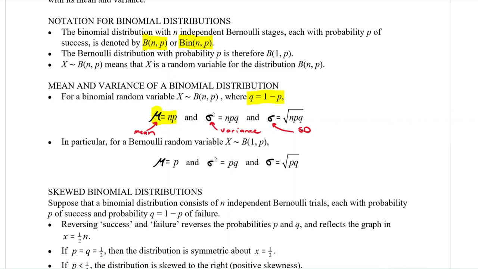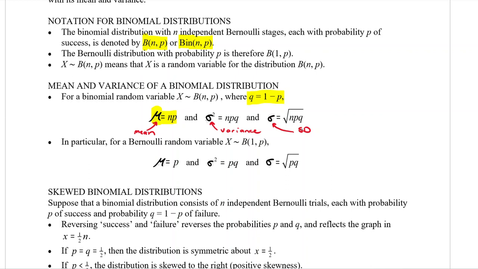In particular, what is a Bernoulli stage? A Bernoulli stage means we have two possible outcomes and one stage, one experiment, with probability of success or failure. We're not going to do infinite outcomes, but we could do lots of different stages.